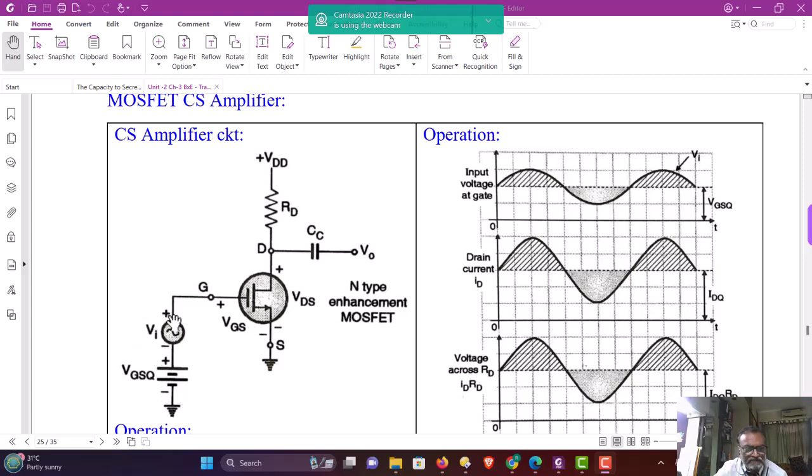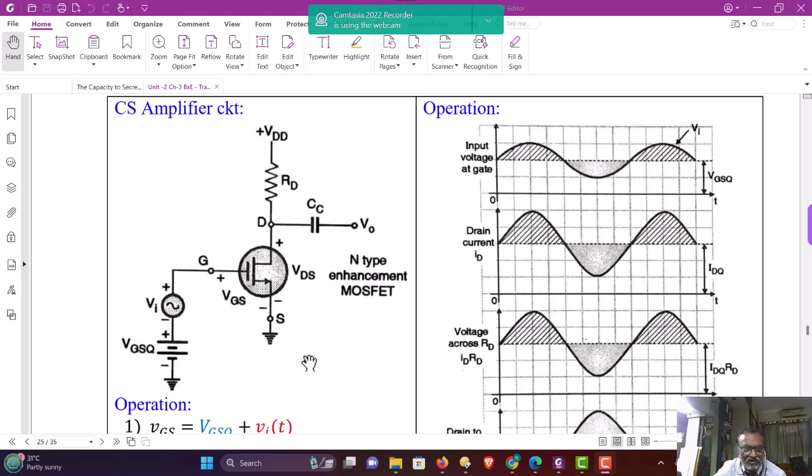Since input is AC plus DC, output will vary around the DC value VDSQ and the AC quantity can be denoted by small case letters vds. The total output will be VDSQ plus vds, a time dependent function, which is shown in equation 3 we have seen above.